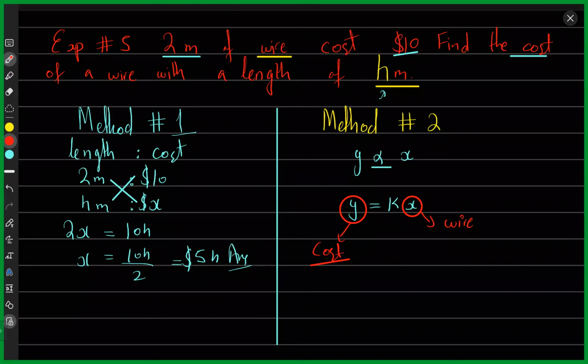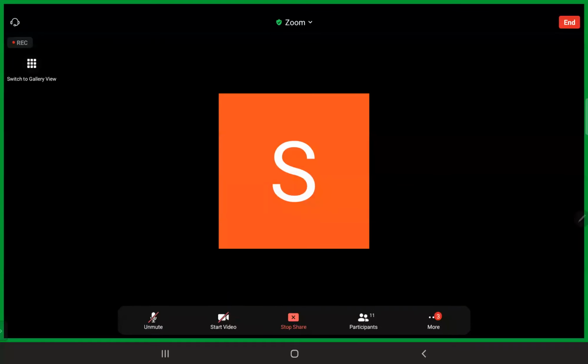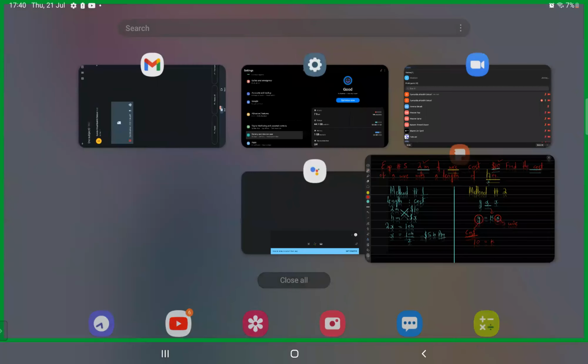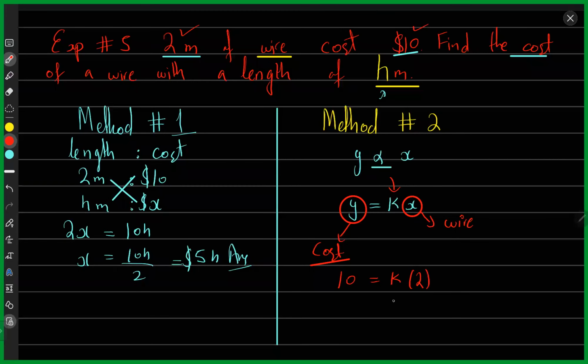So again, you need to find the cost of a wire with a length of h meters. For that, first of all, I need to find the value of the scale. How do I do that? By using these two helping values which I was given. So cost was 10 for 2 meters of length, and K is going to be 5.